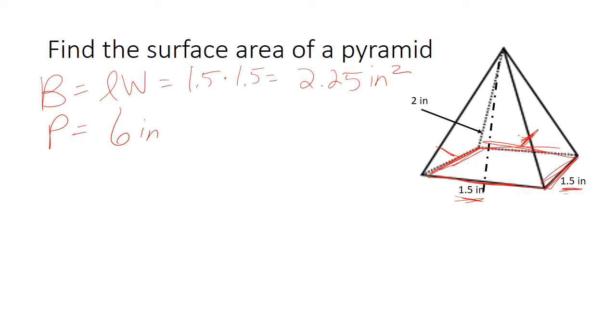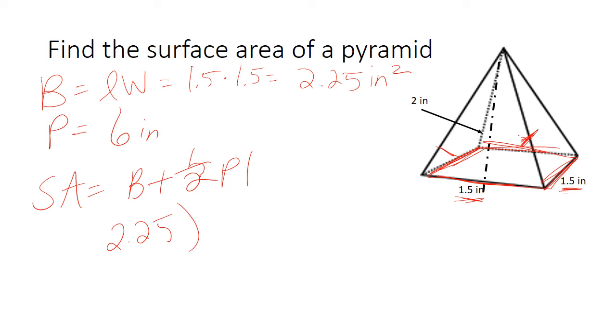Now I'm going to do my 1/2 PL. My surface area formula is B plus 1/2 PL. So my B is 2.25 plus 1/2 times 6 times, here's my slant height, 2.